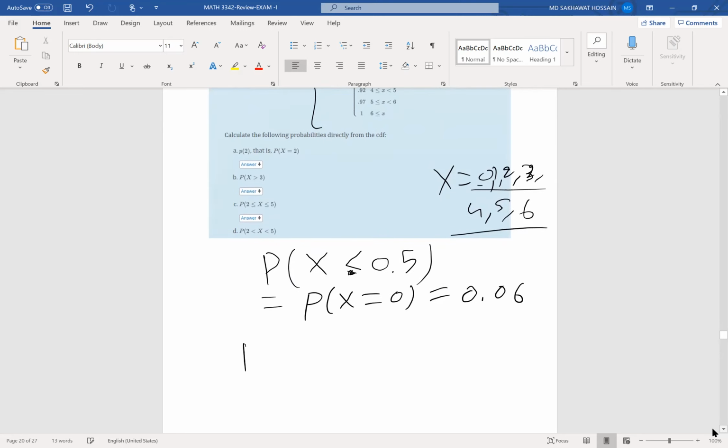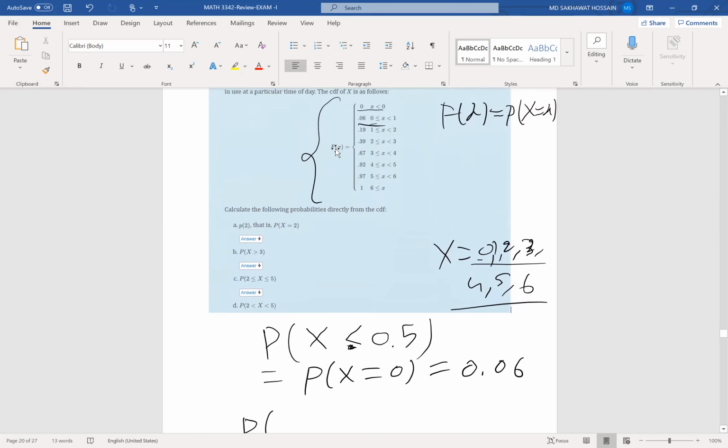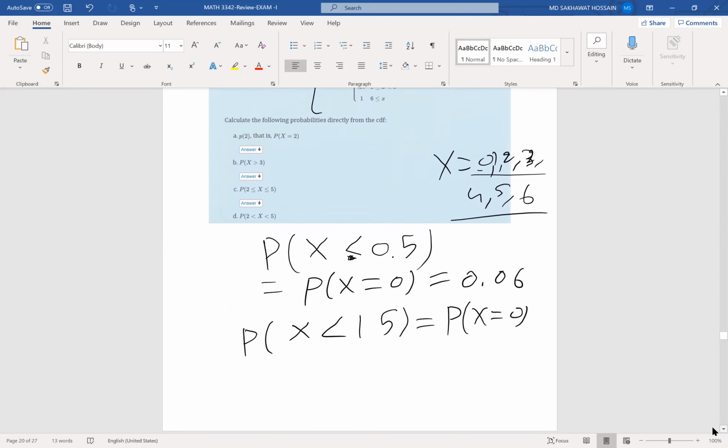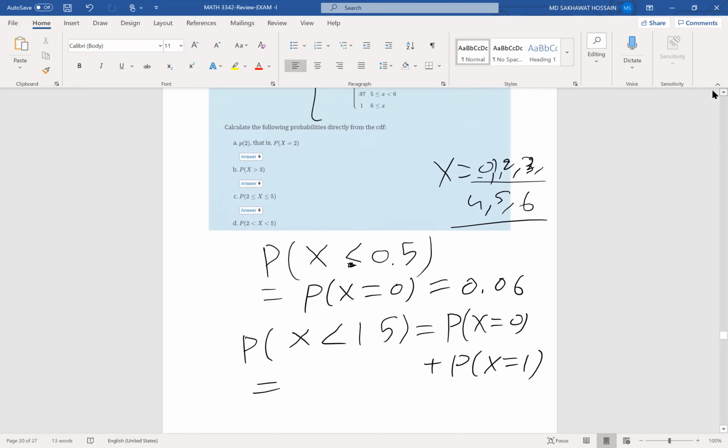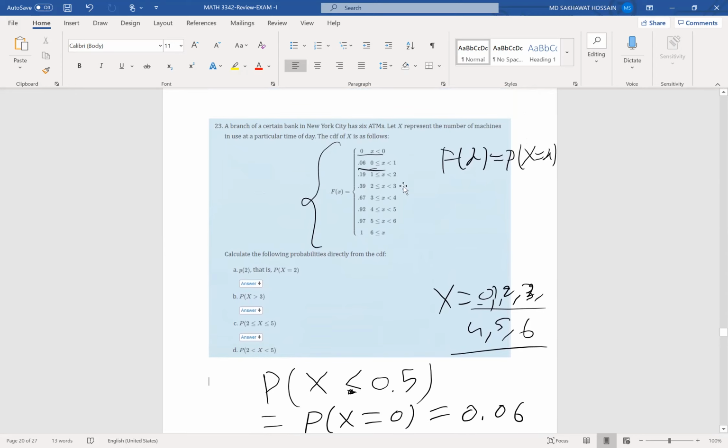And the next one: f of x is 0.19 when x is between 1 and 2. That means for any number between 1 and 2, for example 1.5, the possible values are x equals 0 plus x equals 1. We have two possible values, and in this case the CDF is 0.19.